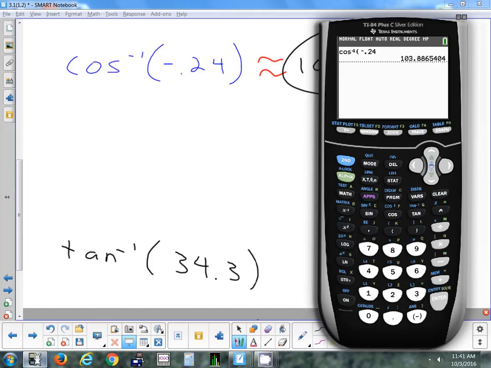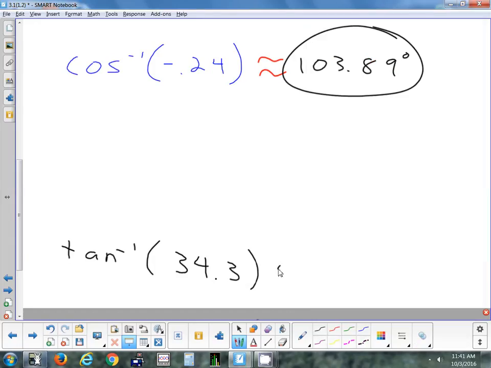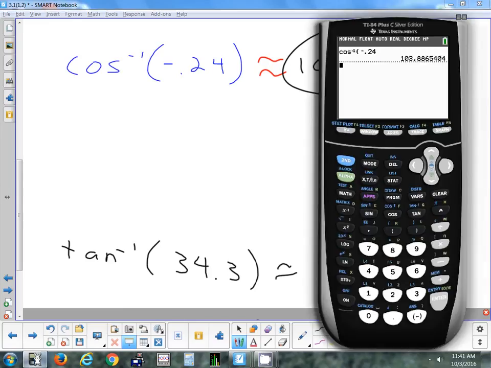That's not a radian or a degree. Trick question. 34.3 is just a number. The answer that you're about to tell me could be in radians or degrees. I'm going to do it in degrees. Anyone think they got an answer for inverse tangent of 34.3? Yep, Sam? 88.33. Perfect.